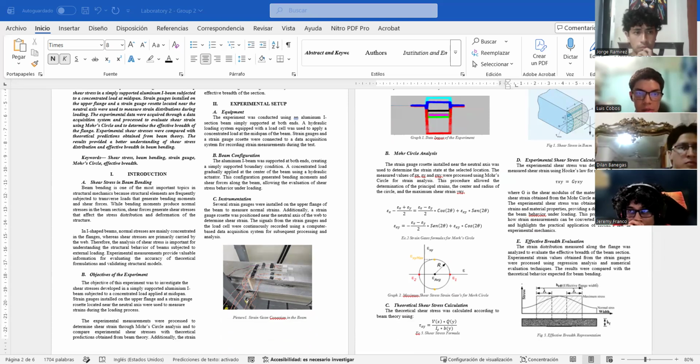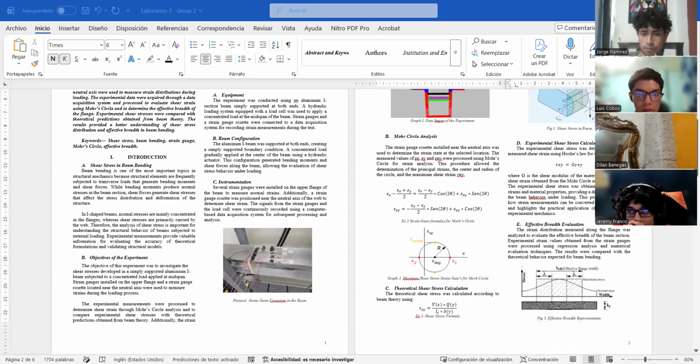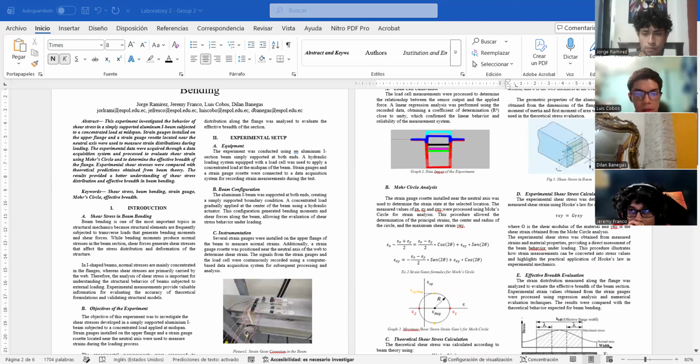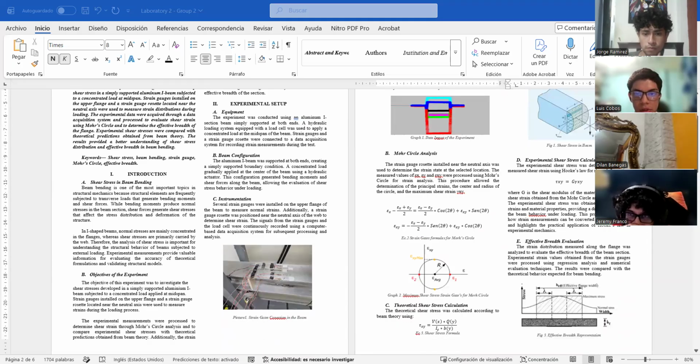And with the Mohr circle, we determine the maximum shear strain. Then, for the theoretical shear stress calculation, we only apply the shear stress formula: the shear force times the first moment of area divided by the moment of inertia times the thickness, V times Q over I t.